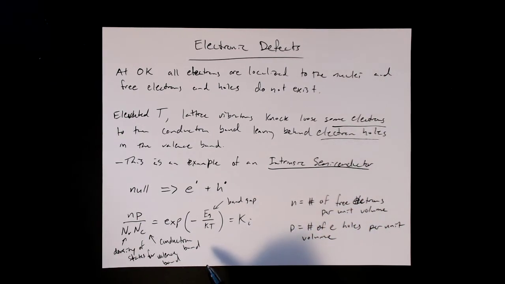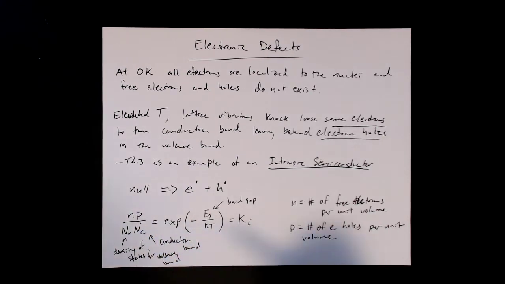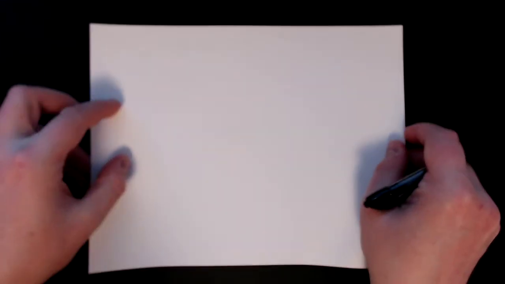From here, obviously these are our numbers of electrons and holes, but the density of states we need to address. So let me show you how we calculate those quantities.